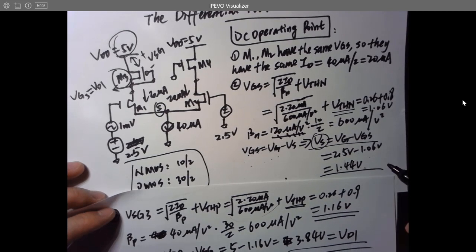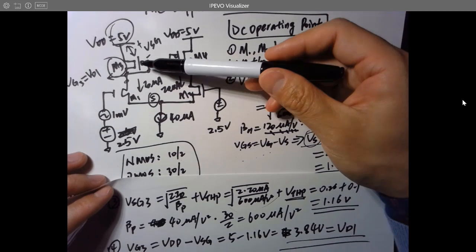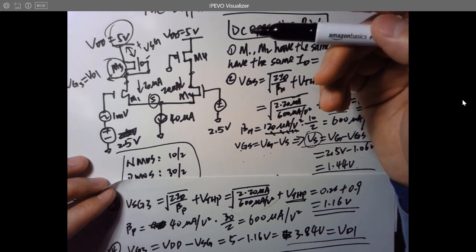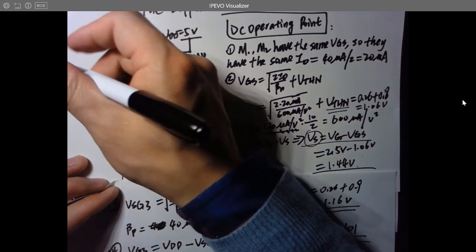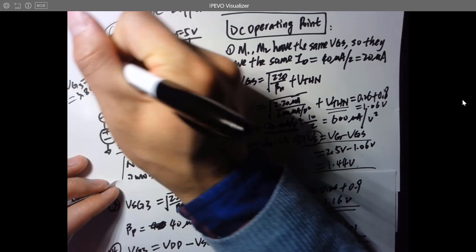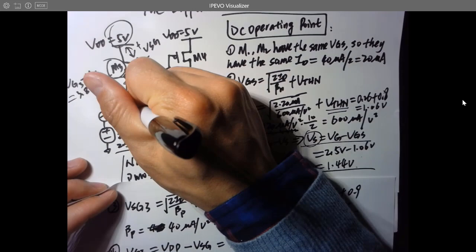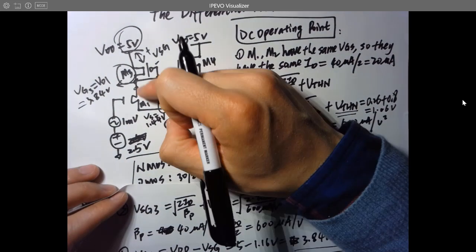Okay, so now we know VD1, we know VS, and now let's take a look. So we can make a judgment about the regions of operation for these two transistors. So VD equals 3.84 volts, we just calculated it, right? And VS equals 1.44 volts. So what about VDS now?